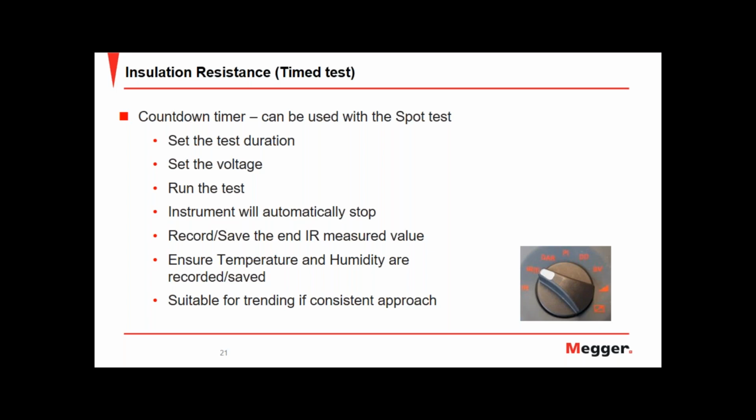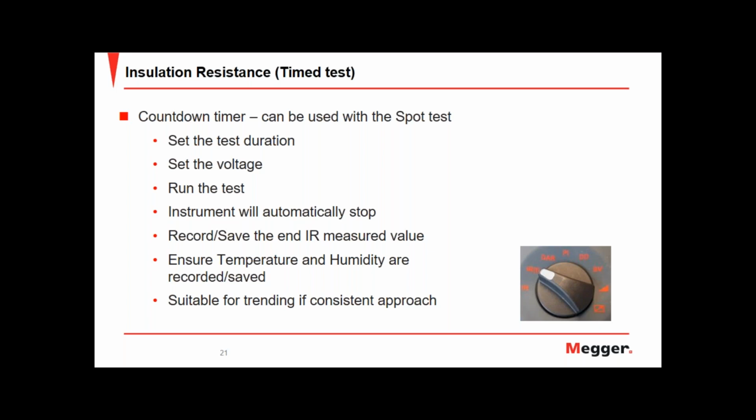Okay, the time test is simply an extension of the spot test, but instead of just setting the voltage, you actually set the duration of the test. So you start the test and the instrument will stop automatically. You're able to record the temperature and humidity, as we mentioned earlier, and this method is much more sensible when it comes to doing trending, because you can use the same duration on the same asset each time you perform that test.